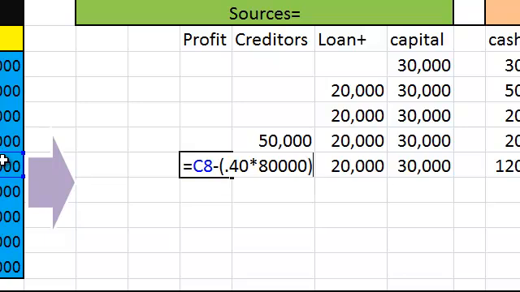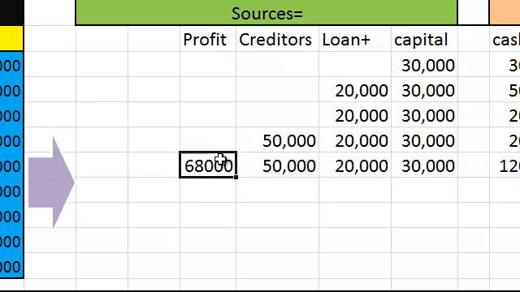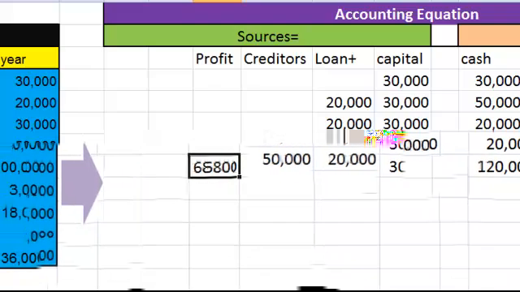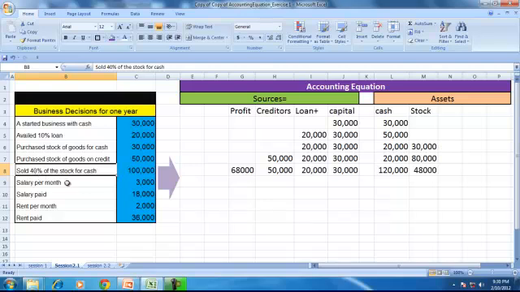So there is a 68,000 profit. So profit is equal to the sales 100,000 minus the corresponding cost. We are not deducting the entire 80,000, but the cost of the goods sold.